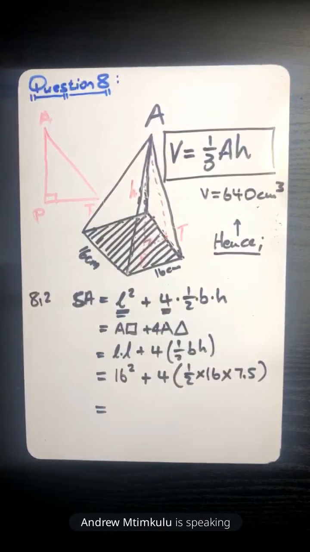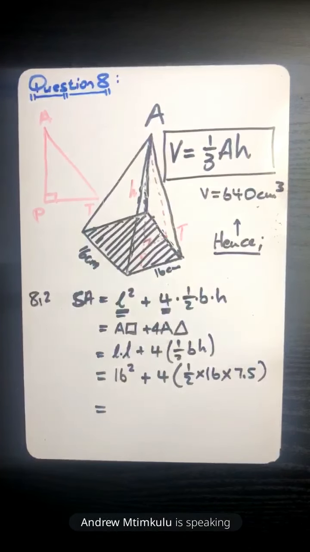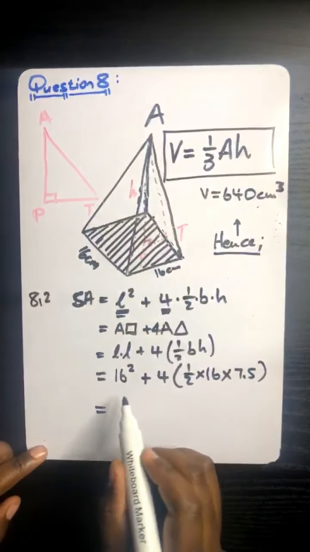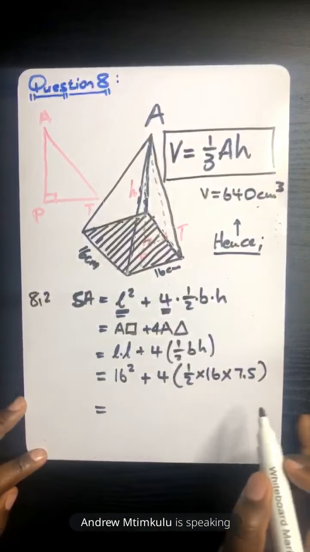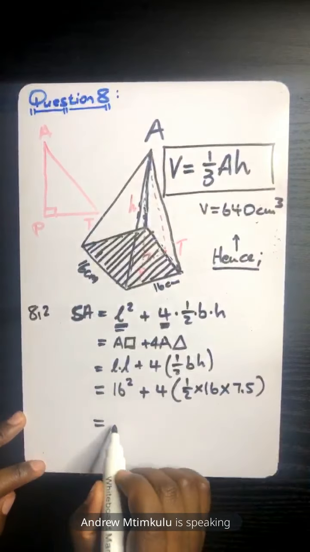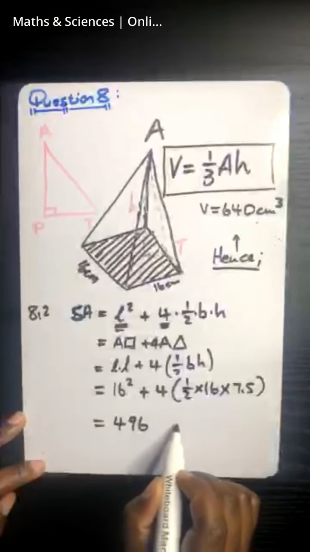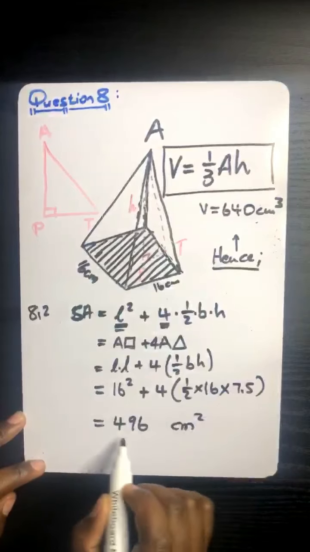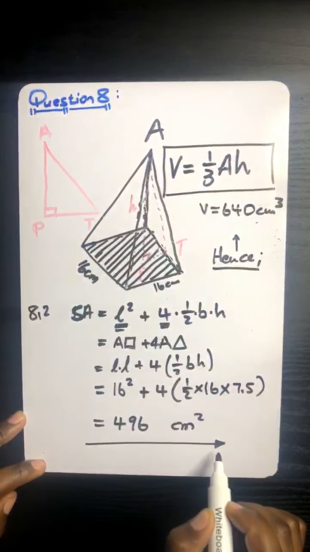It's 496 centimeters squared, sir. I couldn't hear that. What are you guys getting? 900 and something? What was that? 496 centimeters squared. 496 centimeters squared. Yes, sir.